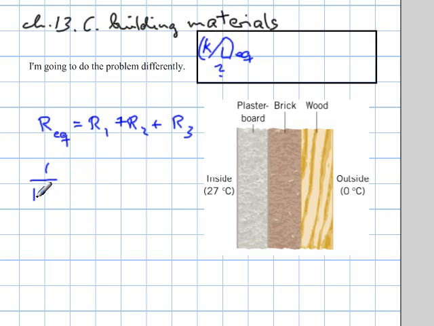The equivalent resistance then is the equivalent conductivity 1 divided by, because it's the reciprocal of the resistance, and then plus the reciprocals of the others.